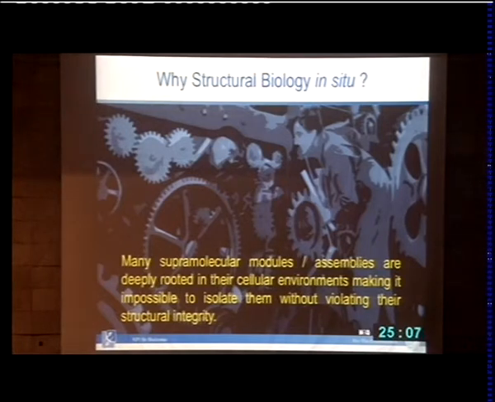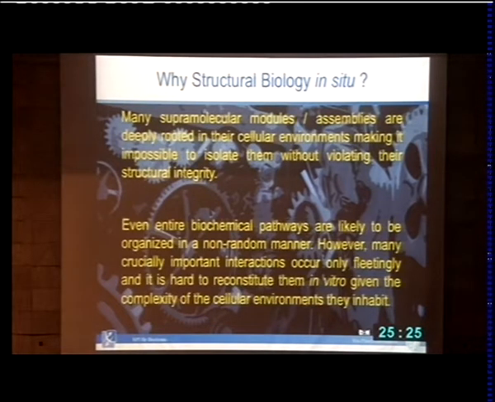we would like to be able to study molecular machines in unperturbed cellular environments, which is maybe more important for other molecular machines, if you think, for instance, of kinetochores, of centrosomes, etc., which are so deeply embedded in cellular environments that it will be impossible to isolate them without affecting their structural integrity.